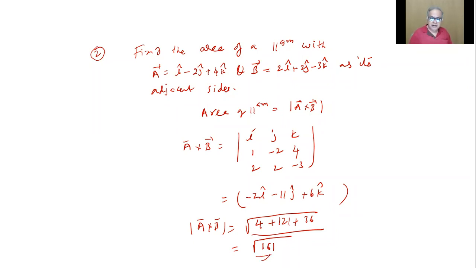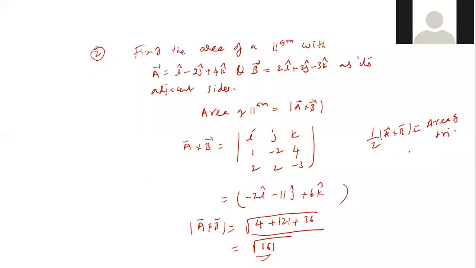Or if somebody asks you for a triangle, you will say half of it. So half of A cross B will be the area of the triangle formed by these two vectors. That will be root of 161 by 2.